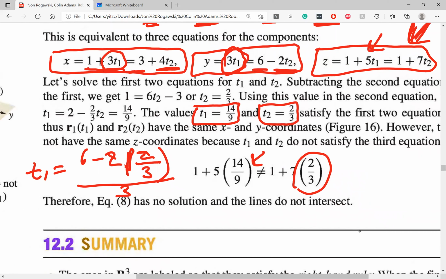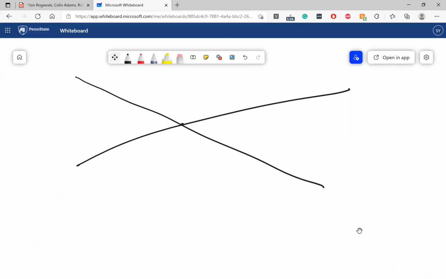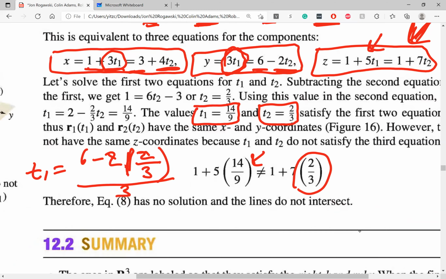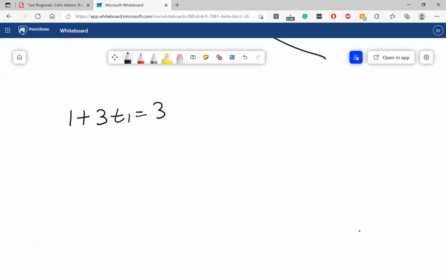So let me write this somewhere else. 1 plus 3T1 is your first equation, is equal to 3 plus 4T2. So let's call this equation 1.